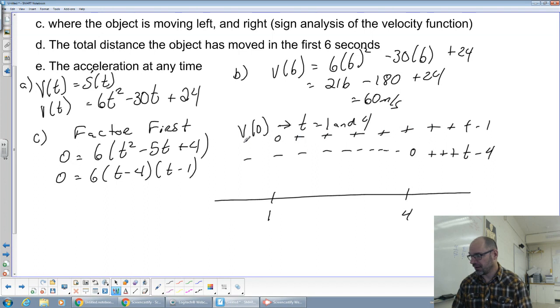Okay, now the product of those two is going to tell you whether it's going left or right based on the sign analysis, if its velocity is negative or its velocity is positive. So in this case, its velocity is positive. Okay, in this case, its velocity is negative. In this case, its velocity is positive. So therefore, just like when we do intervals, we're talking about the velocity or slope in this case. Okay, so it's going to the right.